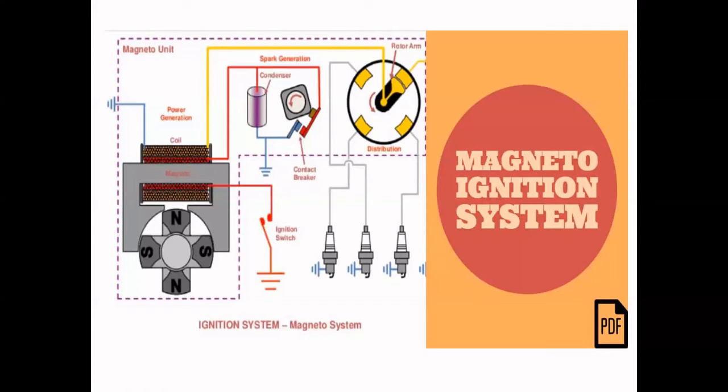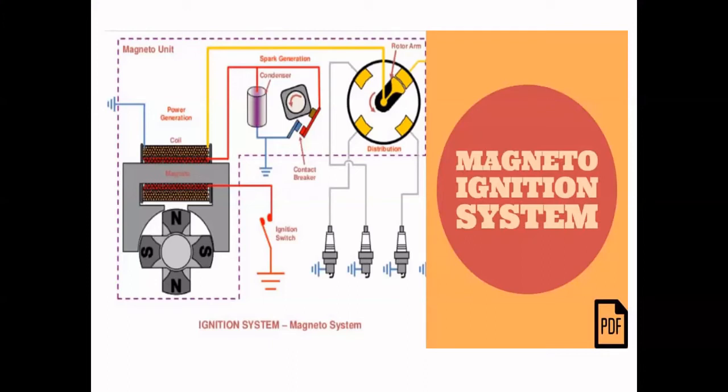Once the breaker points are open, there is no contact between the breaker points. Current flows through the condenser and the condenser is charged.